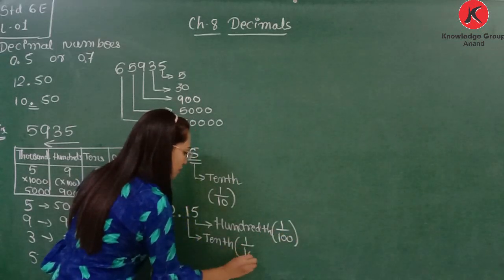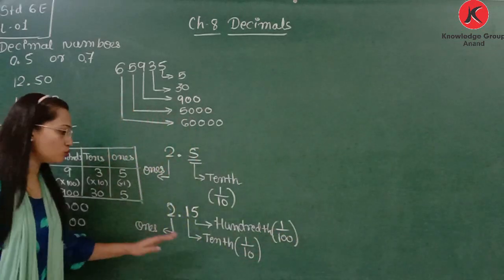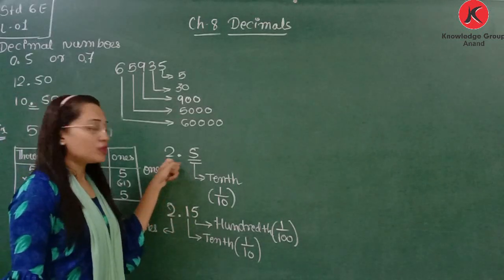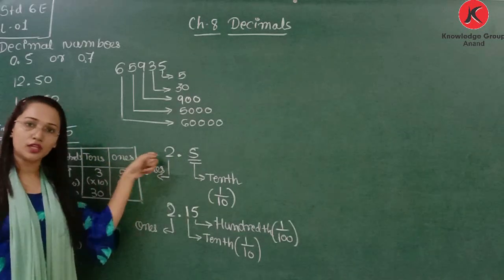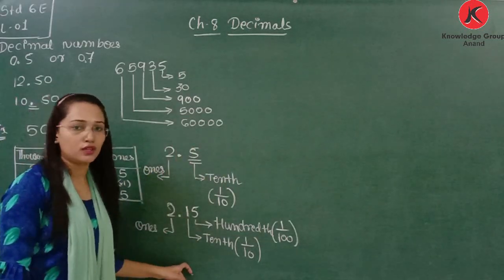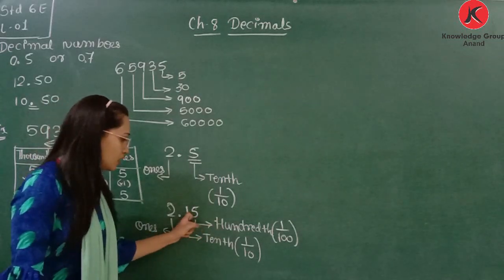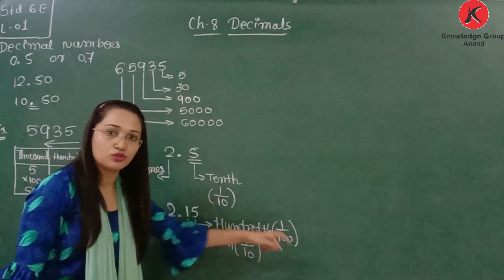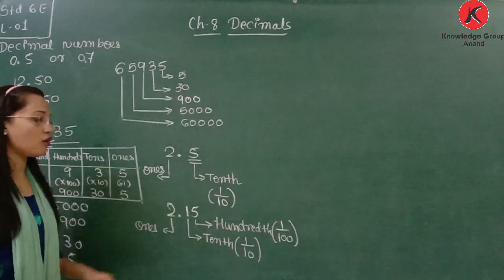Here the tenth is 1 by 10. So to write the place value of a digit in a decimal number, before the decimal point we need to multiply with 10, and after the decimal point we need to divide by 10. So the first digit is divided by 10, the second digit is divided by 100. So this way we can get the place value of a decimal.